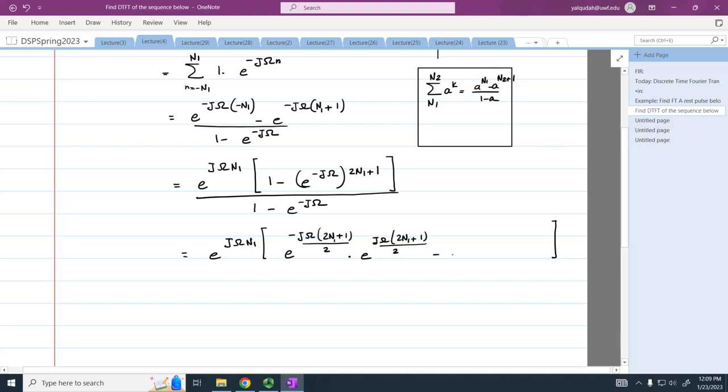I'm going to write the second term as e to negative j omega 2n1 plus 1 over 2 multiplied by e to negative j omega 2n1 plus 1 over 2.